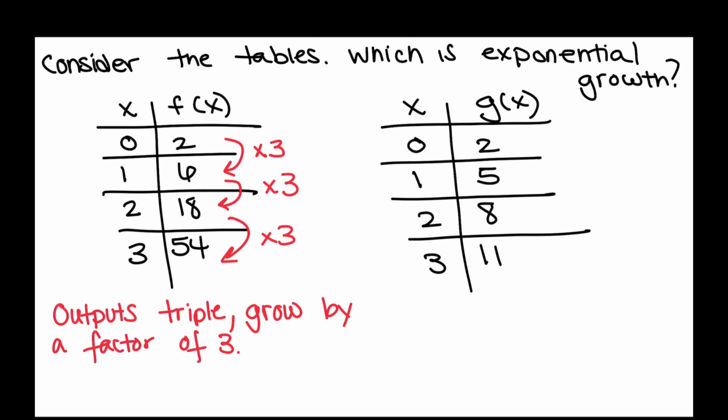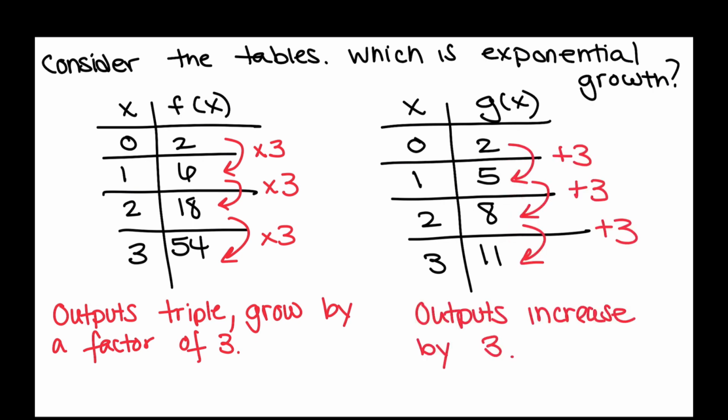Whereas the table on the right, the y values are increasing, but from 2 to 5, and then 5 to 8, and then 8 to 11. And in this case, the y values are going up by a fixed amount. We can add 3 to get to the next y value. The outputs are increasing by that fixed amount of 3.